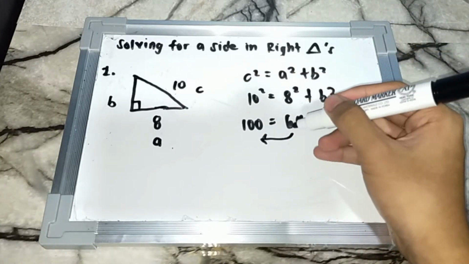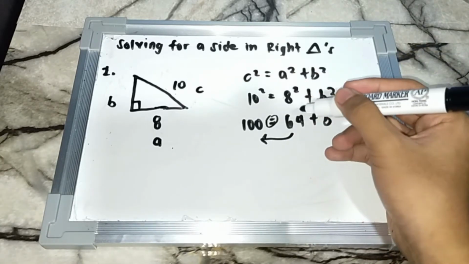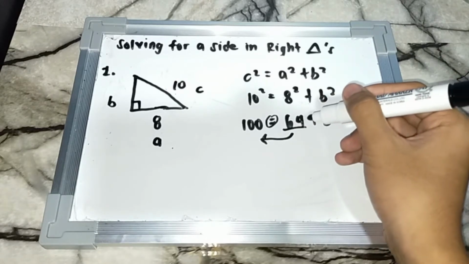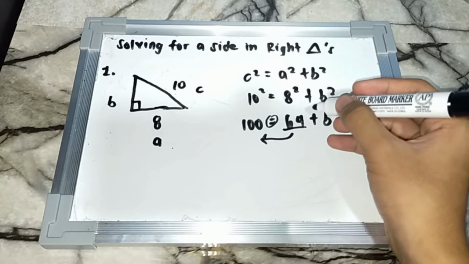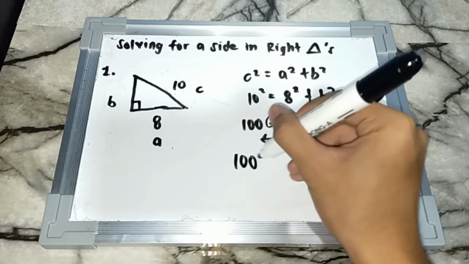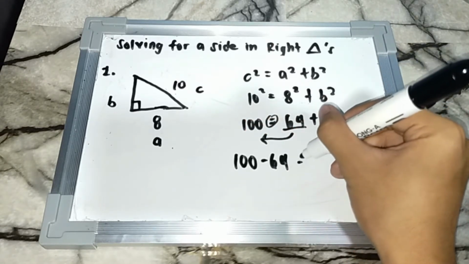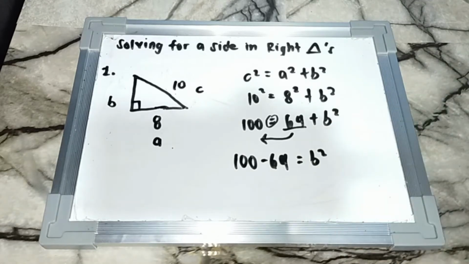And remember, when passing the equal sign, the sign of this term should be changed. Therefore, it's 100 minus 64 is equal to B squared. And 100 minus 64 is 36.